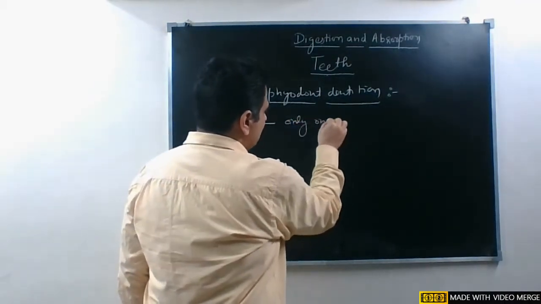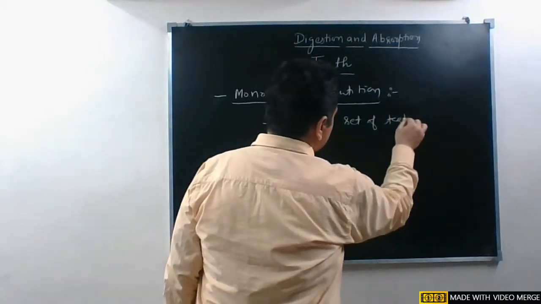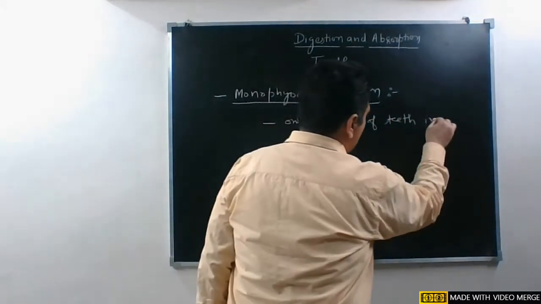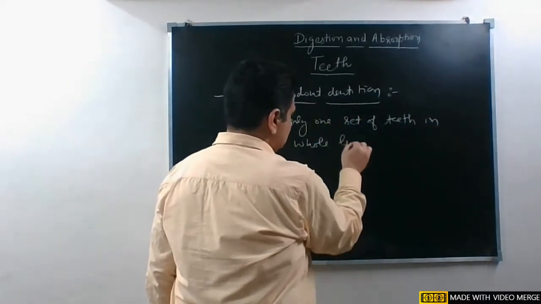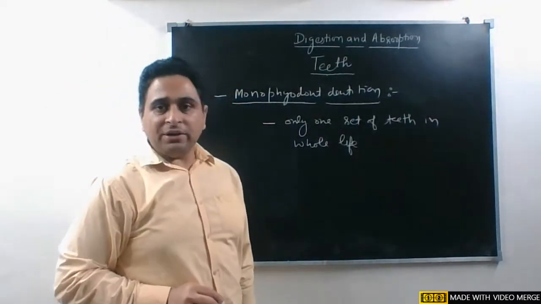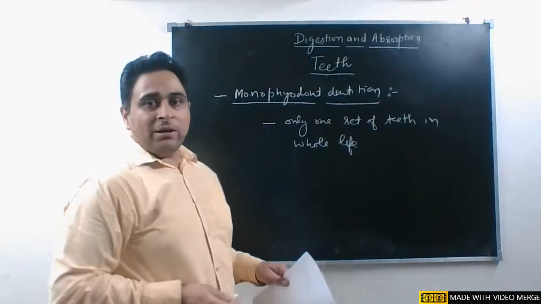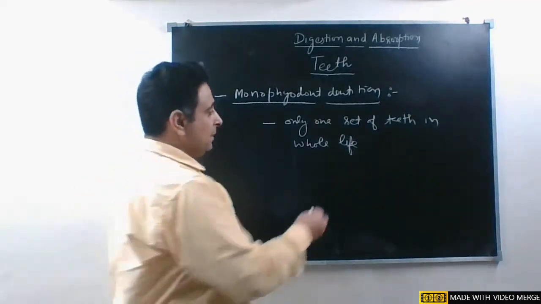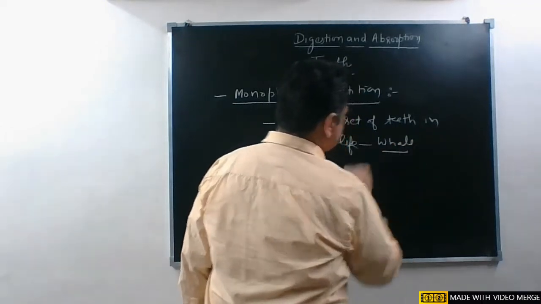Only one set of teeth in whole life. That is called monophyodont dentition. So if teeth break, then they will never come again. The example is the whale.